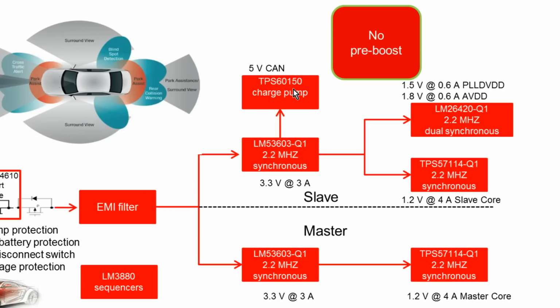This architecture eliminates the need for a pre-boost at the input for start-stop applications and thereby reduces the cost. You can see with the front-end DC-DC converter, even with this high switching frequency, we can have a 3.3 volt output at the wide input voltage from 4.5 volts up to 36 volt input.